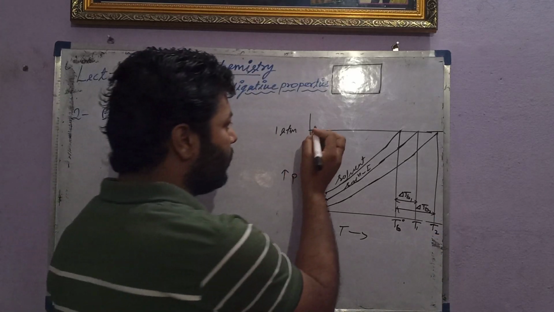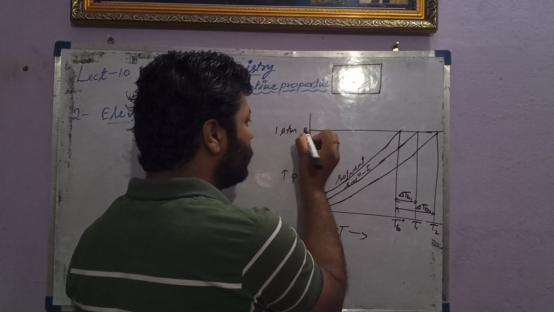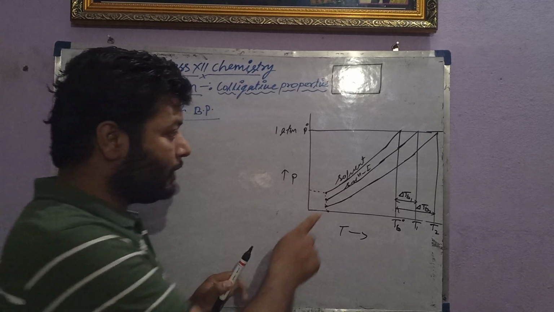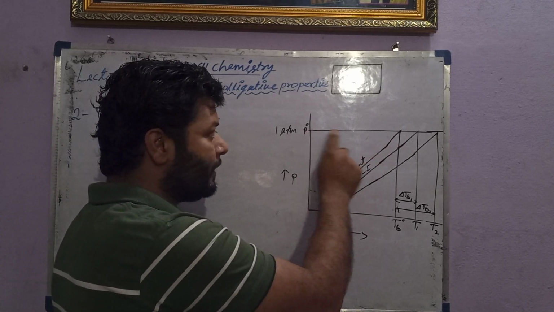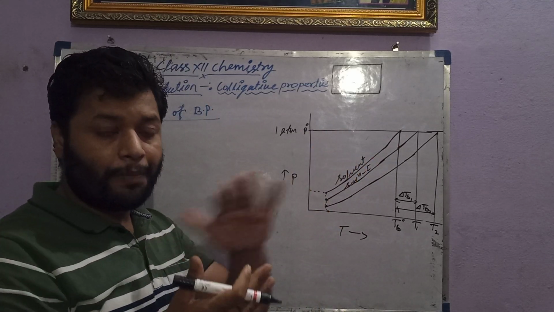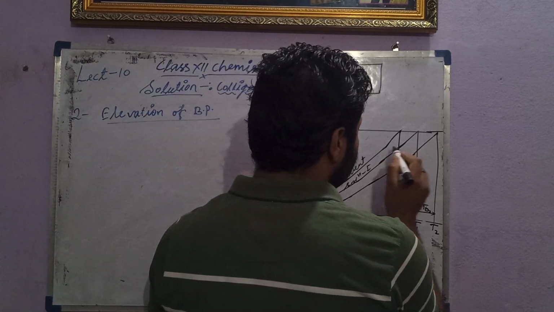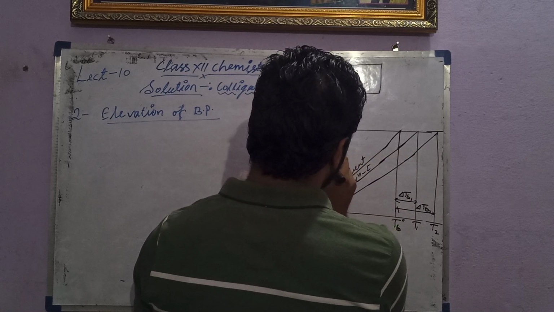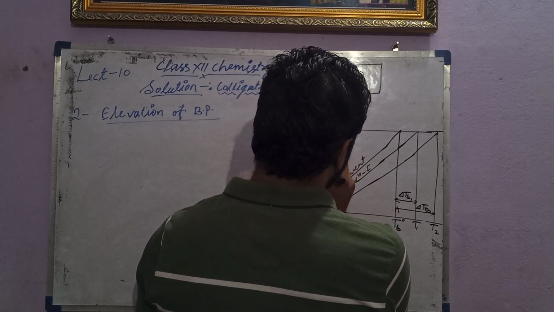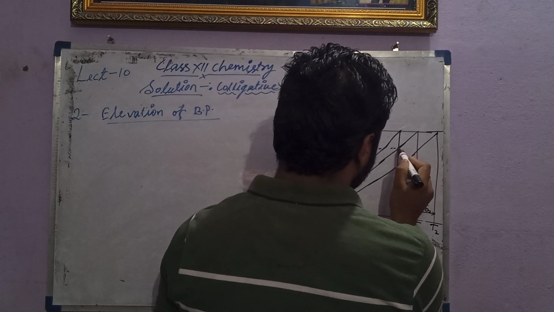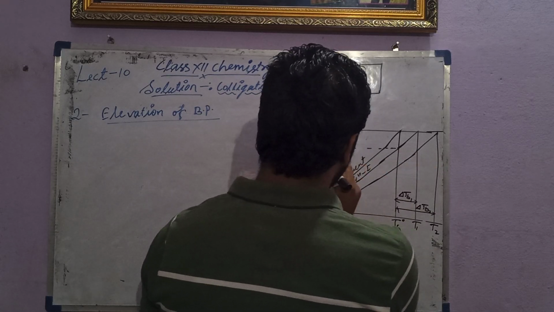Now this is called the P naught value. It means when the solvent attains the atmospheric pressure, that is called the vapor pressure of the liquid, the P naught condition. This is the second condition, and this is the third condition.